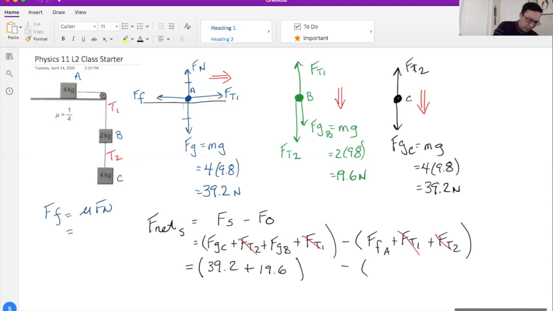Mu in the question is 0.25, and the force normal is 39.2. And then on my calculator, 39.2 times 0.25 is 9.8. So now I'm going to subtract 9.8.